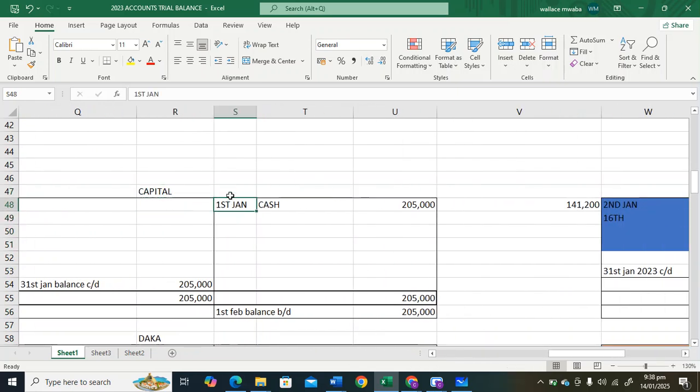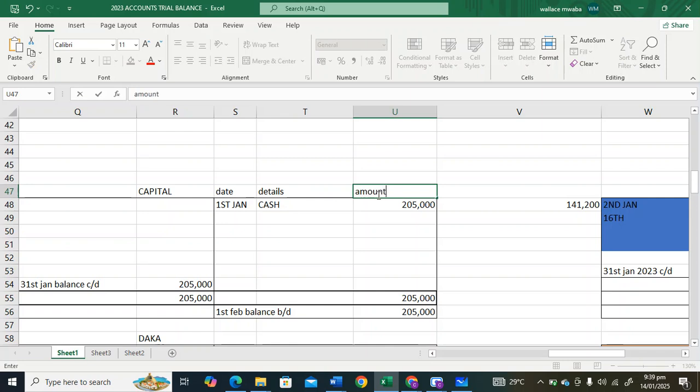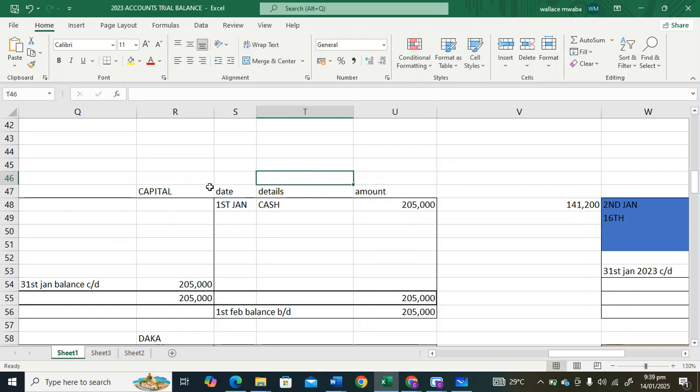Put the date here. For every ledger account, if it's an exam and you're supposed to open up a ledger account, always remember to put the date, and the details. The details are the other account that was involved. So cash was involved, and then you put the amount. When I was doing this, I didn't have time to put all of that, but this is the formal way you make the ledger account.